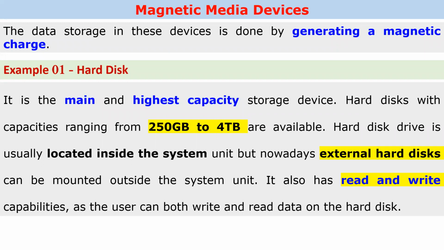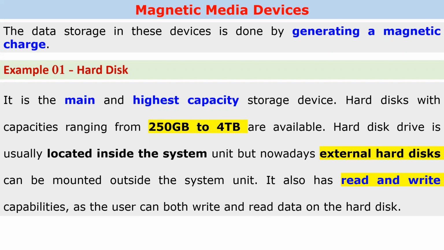Their sizes range from 250 GB to 4 TB. But there are some larger hard disks also available, but commonly you can see 250 GB to 4 TB. Right? But earlier there were some more hard disks also.